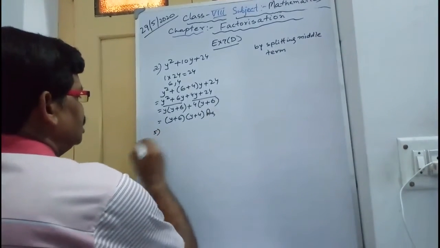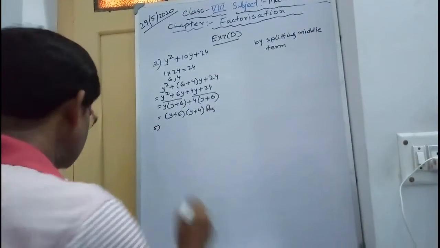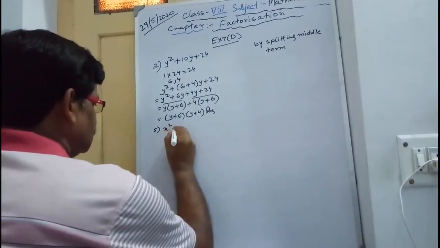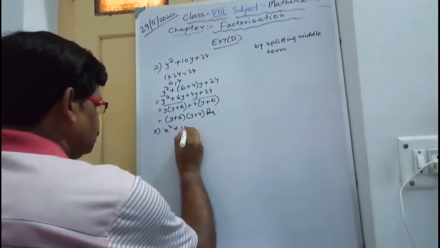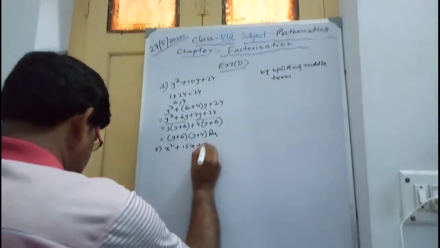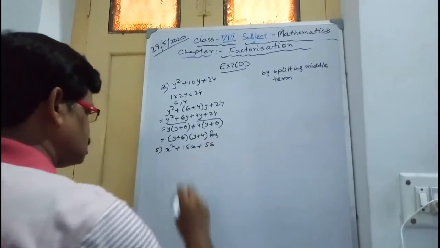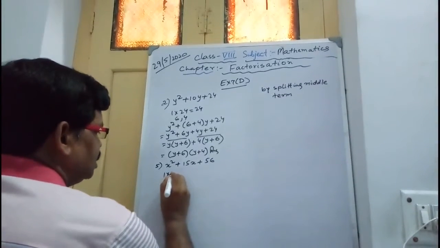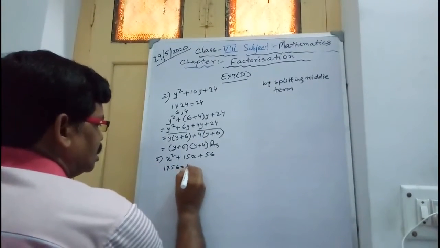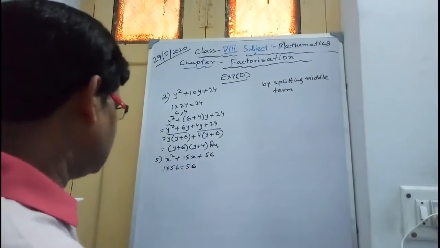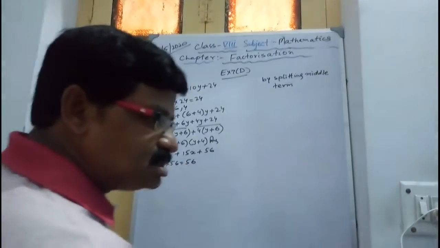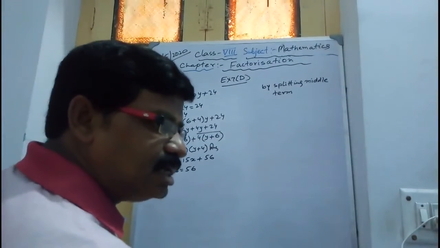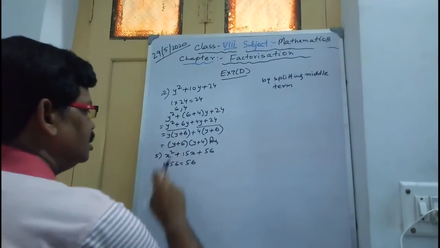Sum number 5. x square plus 15x plus 56. Here 1 into 56. Now split or divide into two numbers, so that by adding or subtracting you get the middle one.